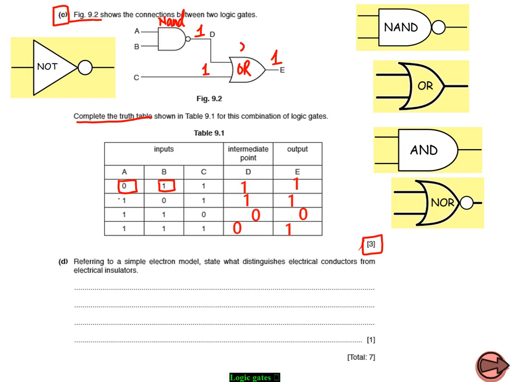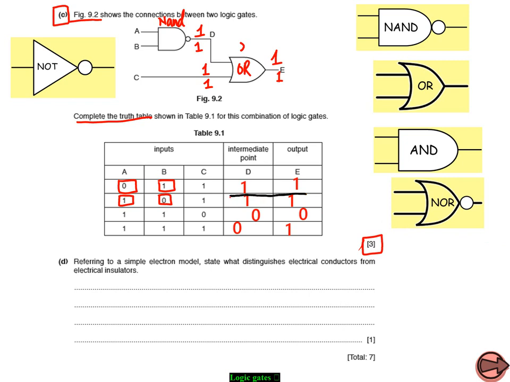Next one, when A is equal to 1 and B is equal to 0, the NAND gate again has to give 1. And you can see C is given to us and C is 1. So simply we say the output has to be 1. As you can see here, we got 1 and 1.